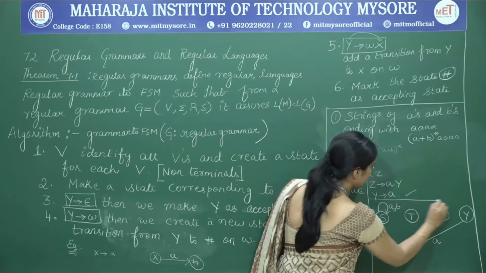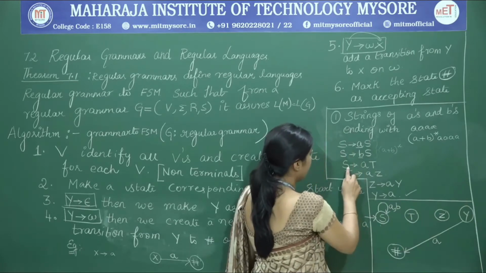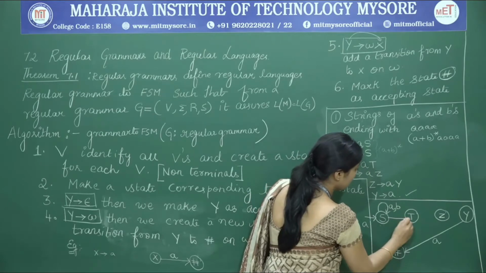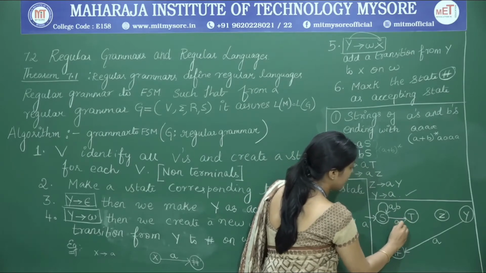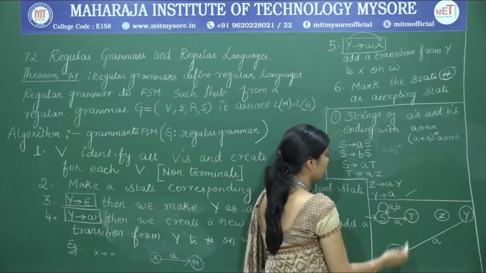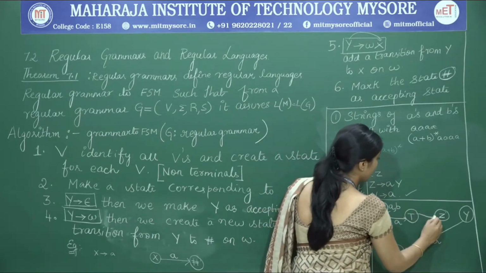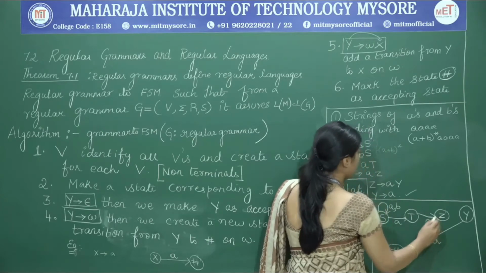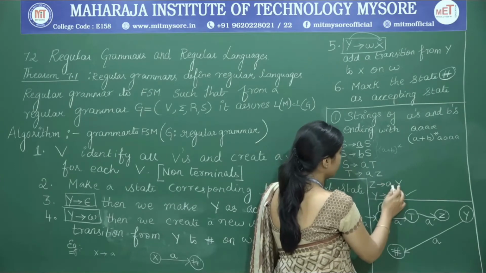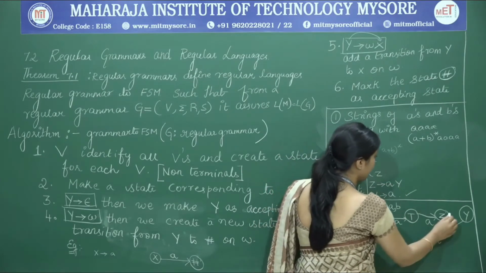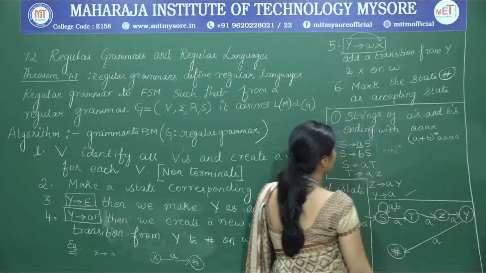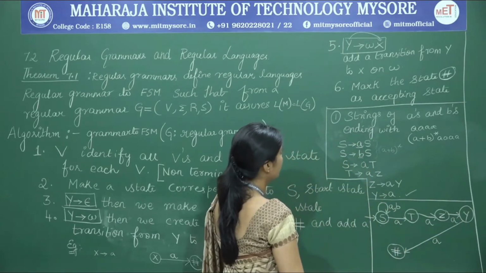Next we have S to T, and we add a. Then T to Z we add a. Z to Y we add a.